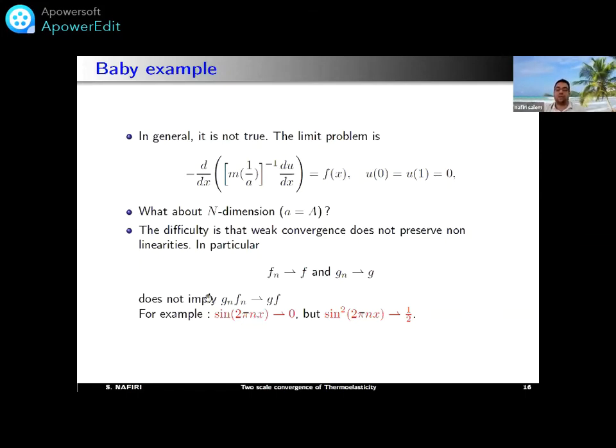You can just think about this example: the sine of 2πx over epsilon weakly converges to 0, but its square converges to 1/2. Moreover, this 0 and this 1/2 do not give you any information about the structure or the character of the sequence.